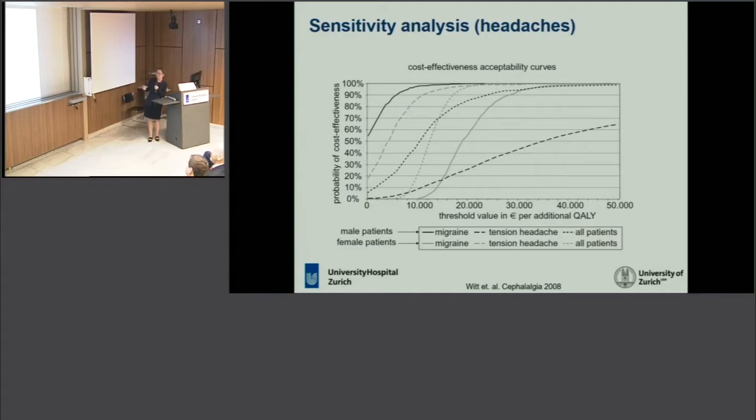When I look into the female patients with a tension type headache, they are much more cost effective here. And it's even different with a migraine. So these are things which we see in our data, but what does it mean for policy making? This is a big ethical question, if you can do anything with this type of data.